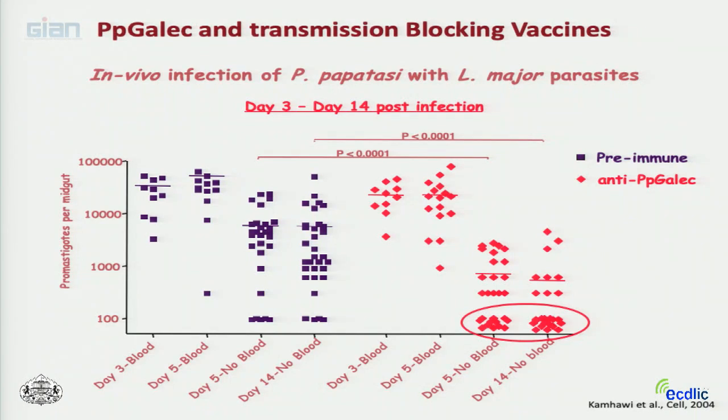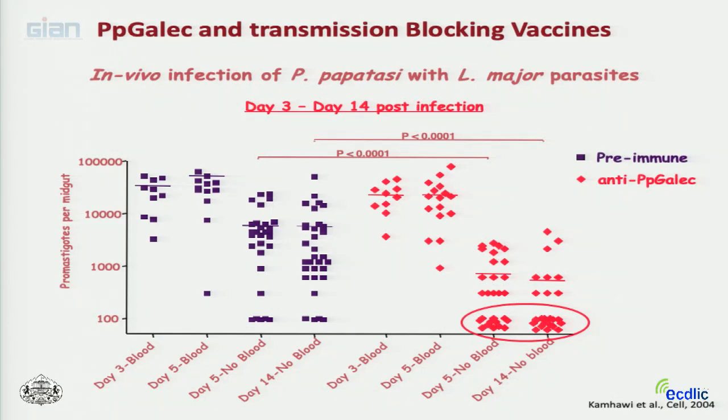Because the point of all this vector biology perhaps is ultimately to identify targets of transmission blocking immunity. So we generated antibodies against the Phlebotomus papatasi galectin, and we infected the flies in a blood meal that contained antibodies against the galectin.